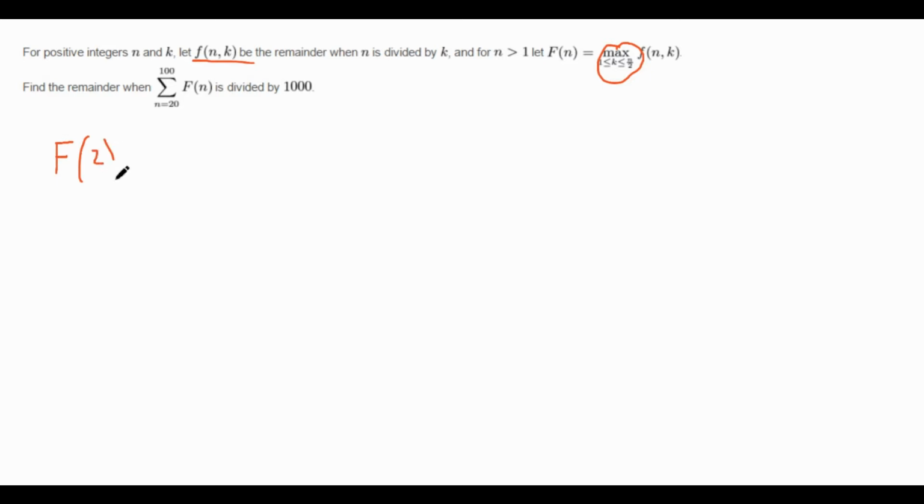So, for example, F(2). What does F(2) even mean? Let's look at this definition here. F(2) equals the maximum, when 1 is less than or equal to k is less than or equal to n/2, which is 2/2, which is 1, of f(2, k).